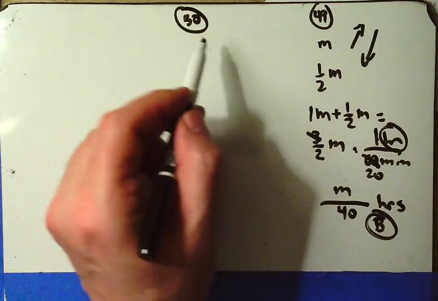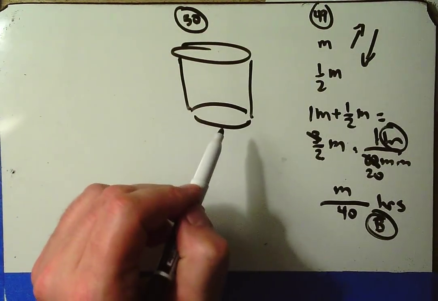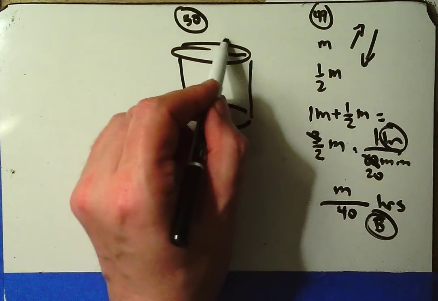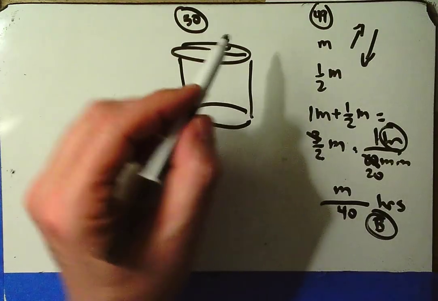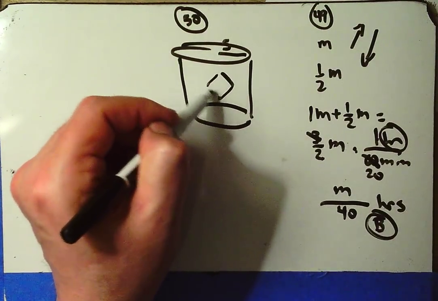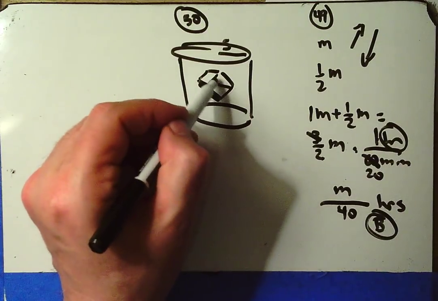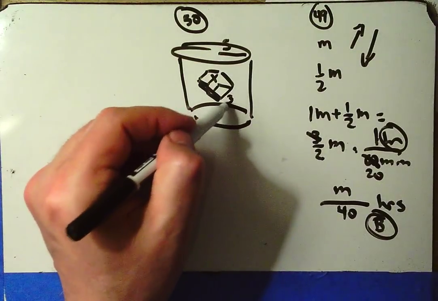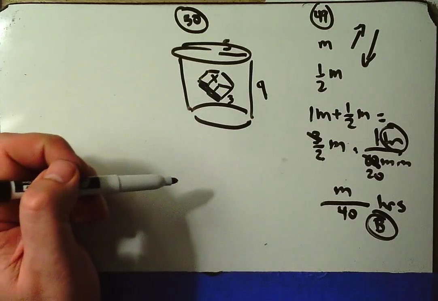A cylindrical cup with an interior radius of 5 has an ice cube with side lengths of 3 in it. Height is 9.